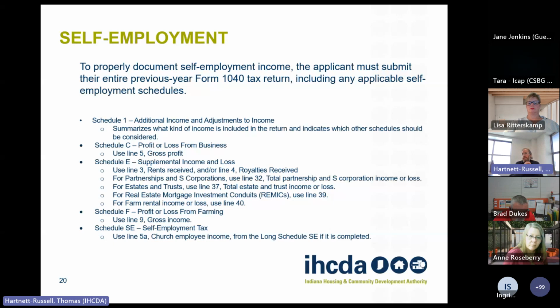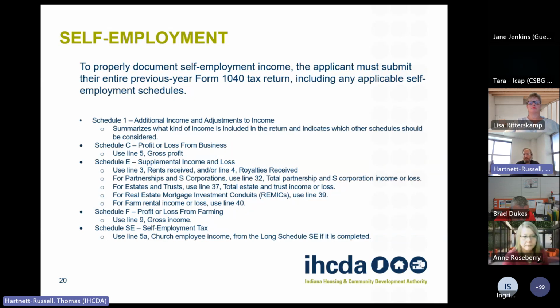As of the most recent tax forms, we are using line 5, which is gross profit. And I need to put another caveat in here, and that is that all of this is based on the 2022 tax forms. Have not seen 2023 tax forms yet.